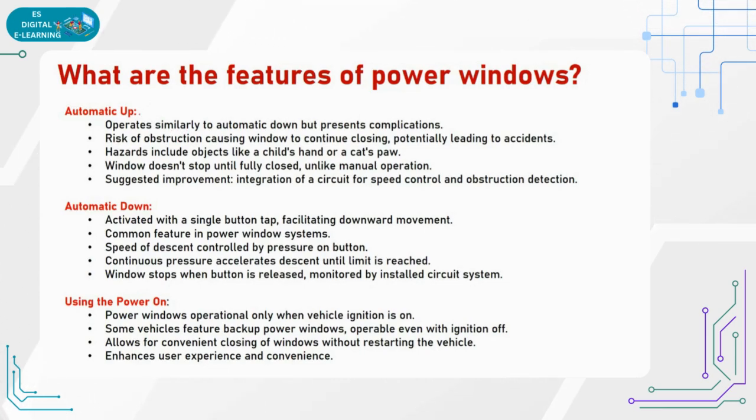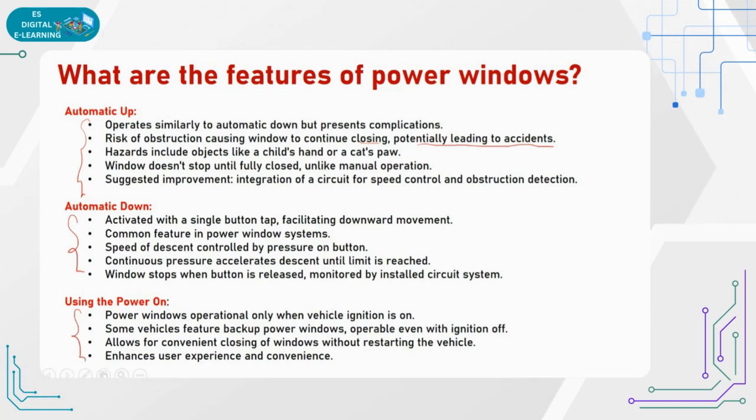Okay, so here automatic up is operated similar to automatic down, but it presents a complication. There is a risk of obstruction causing the window to continue closing, potentially leading to accidents. So these are some points about automatic up and automatic down, and why these features are emerging in the power window. And then the power.